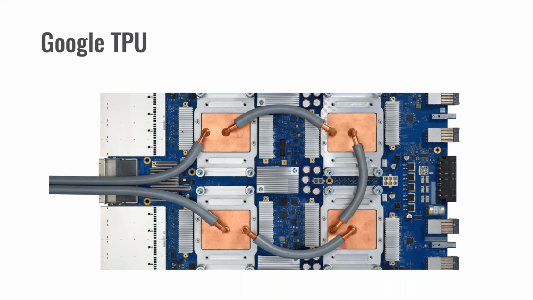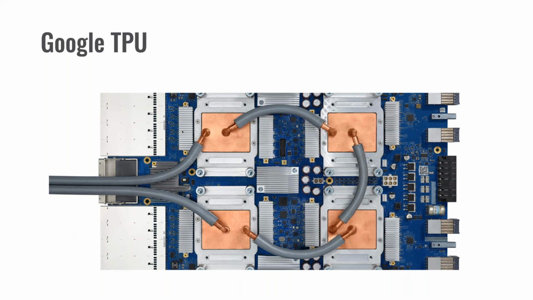So Google realized that GPUs, even though they are very good for machine learning and AI, are not purpose built only for AI or machine learning. They bring a level of overhead, and they're also more expensive and consume more power because they're designed for a much broader set of use cases.